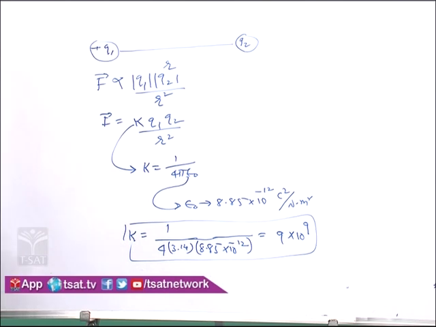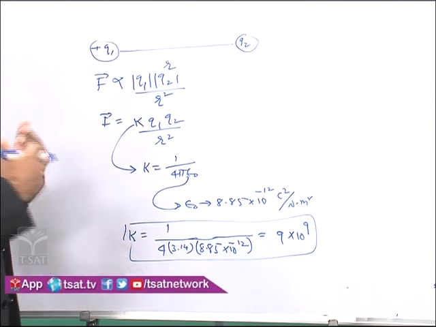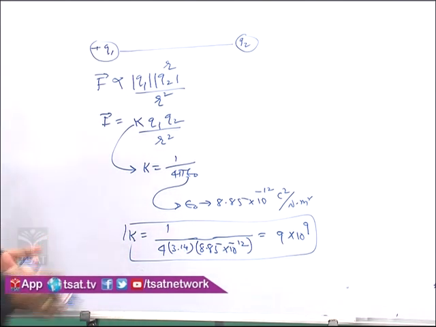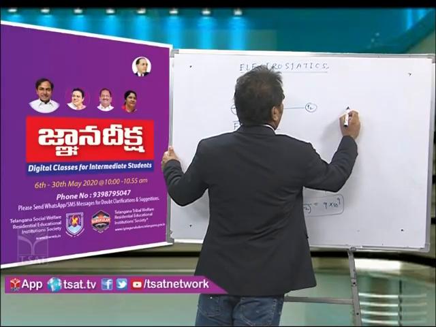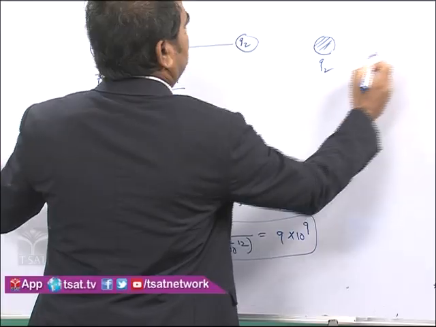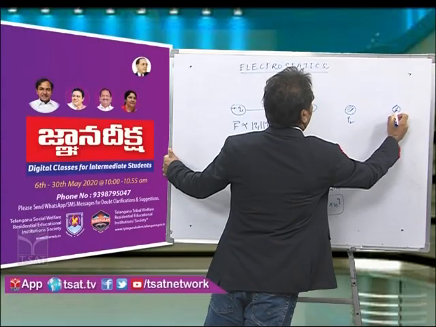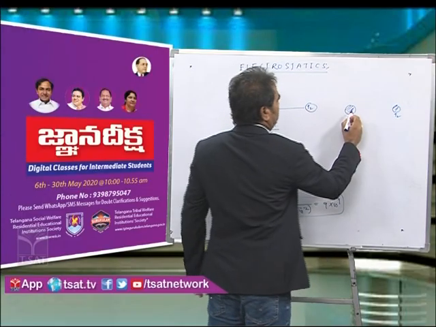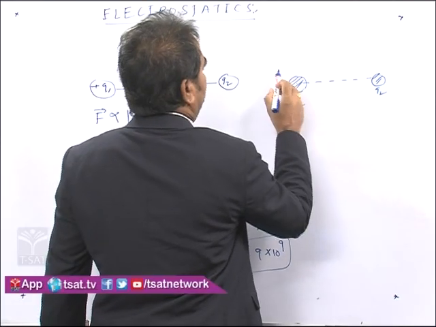Suppose these two charges are placed in any medium. This is a Q1 charge, the second one is a Q2 charge. These two charges are placed in any medium like this.